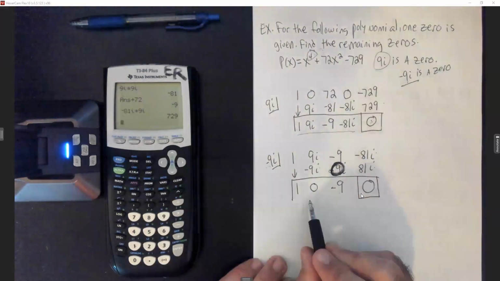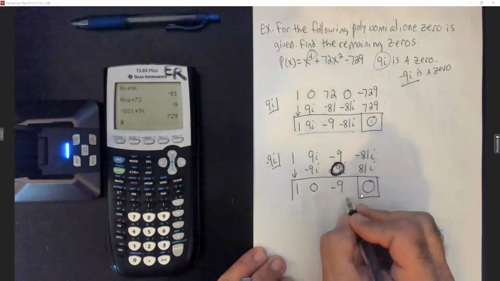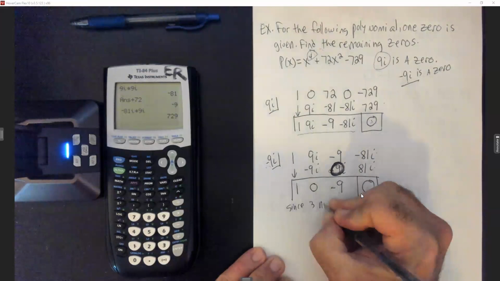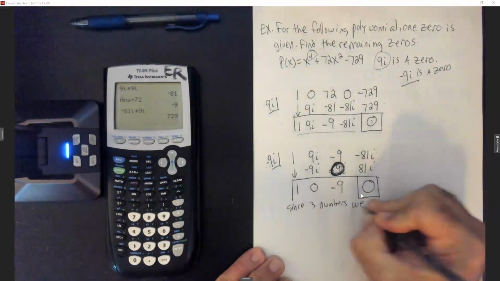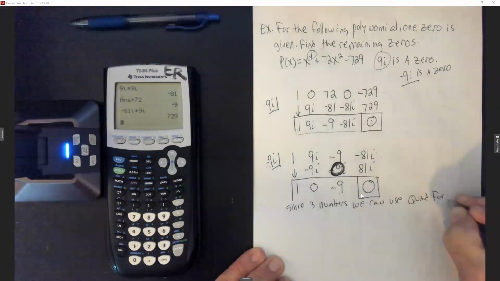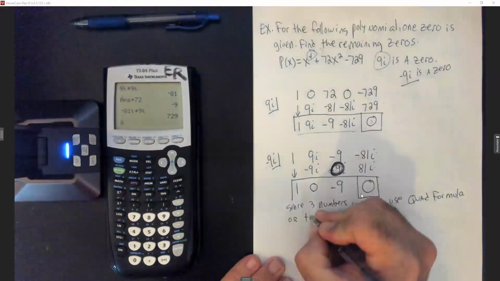Now we got to get the last two zeros. So since there are three numbers, we can use the quad formula. Or you can solve it using square roots.